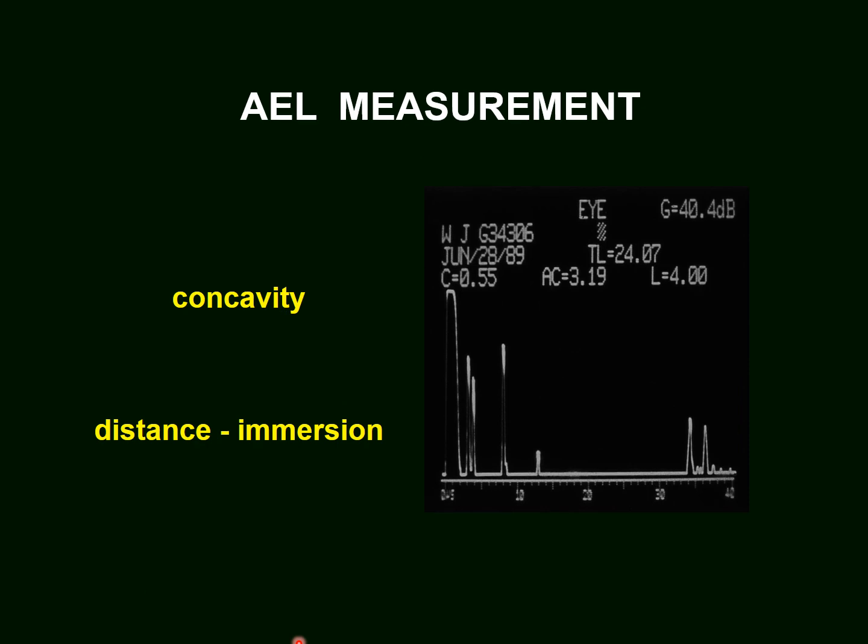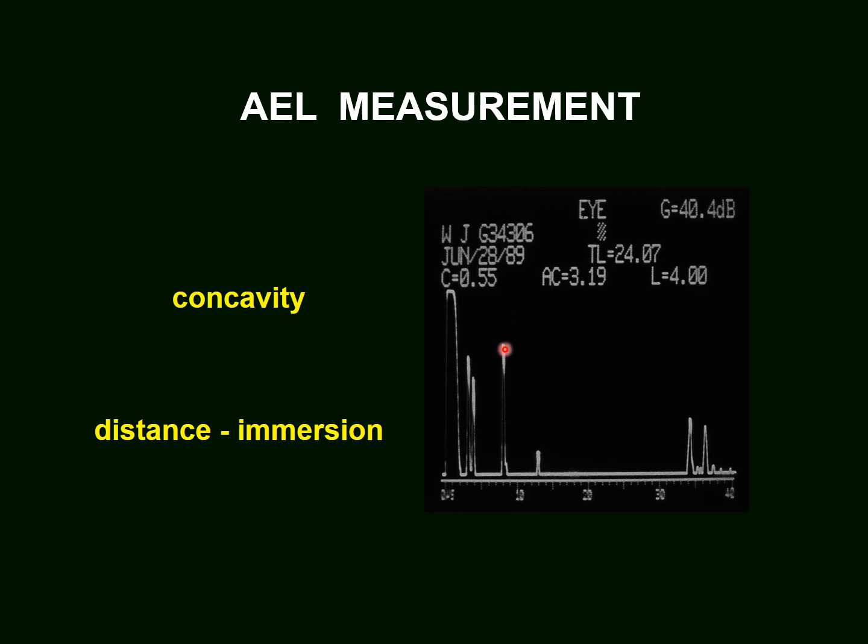In the axial eye length measurement, we maximize the spikes and we get the highest signal usually from the anterior lens surface, which is convex, slightly convex, so that the echo beam actually is weakened.